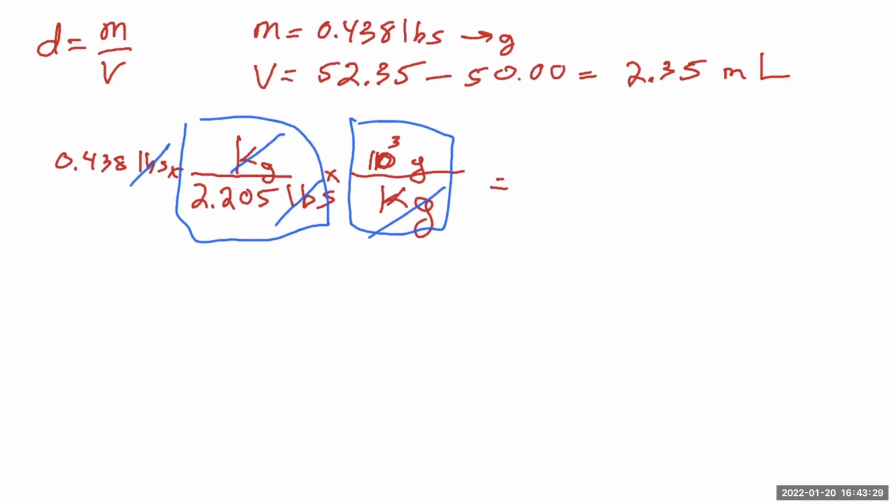So then we just do the math. We do 0.438 divided by 2.205, which equals 0.1986, and this is times 10 to the 3 for our units up here.